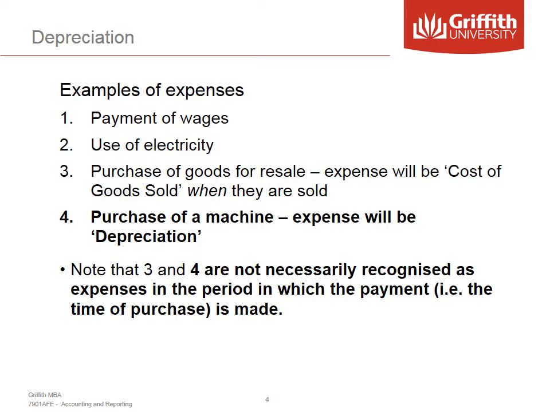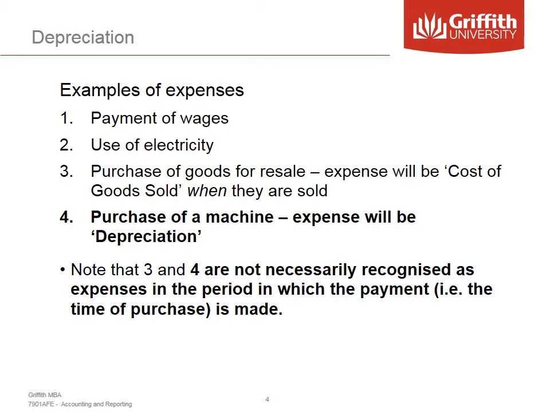Typically, machines which are used in production or in administrative functions would have a lifespan of perhaps 2, 3, 5 years, maybe even longer if it's heavy machinery in a manufacturing environment. So the machine which we purchase has a lifespan which is longer than 1 year, and therefore it sits in our balance sheet as a non-current asset.